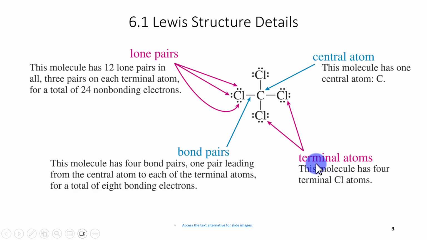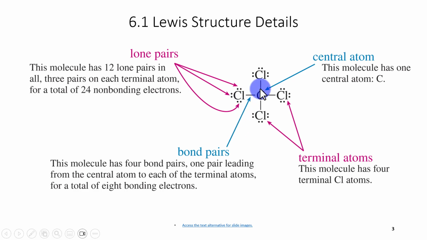They like to be on the ends because halogens have lone pairs, and hydrogen can only accommodate 2 electrons, so it can only fit one bond at a time. This molecule then has 4 terminal atoms, and they are all chlorines. Now, they can be a hydrogen or 2 hydrogens, they can be other ones, but in this molecule, they're all the same, and they're chlorines.